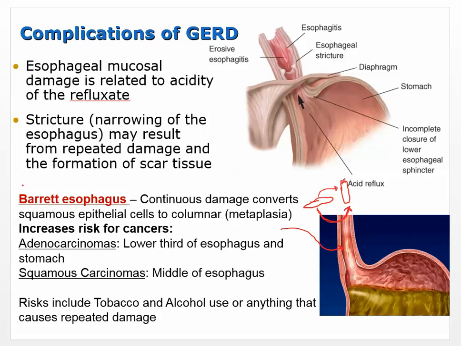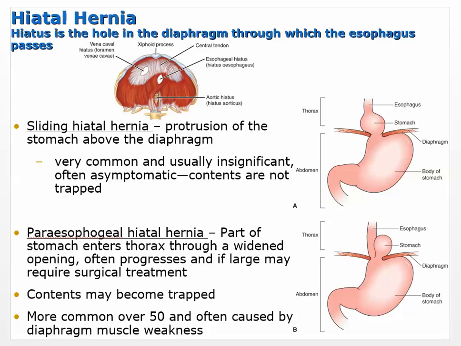So that's why we worry about Barrett esophagus. The cancers, adenocarcinomas, where adeno usually means something secretory, would be in the lower third of the esophagus and stomach, and squamous cell carcinomas would be more in the middle of the esophagus, which are epithelial tissue. So risks include tobacco, alcohol, or anything else that can lead to that repeated damage to that area.